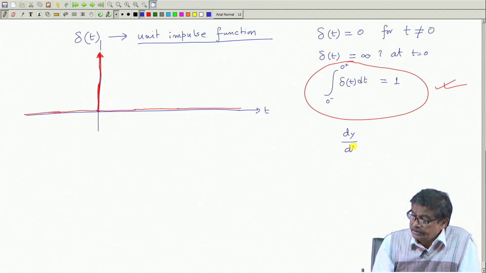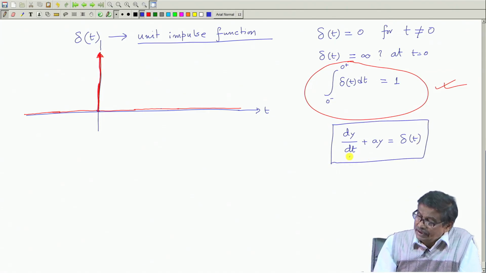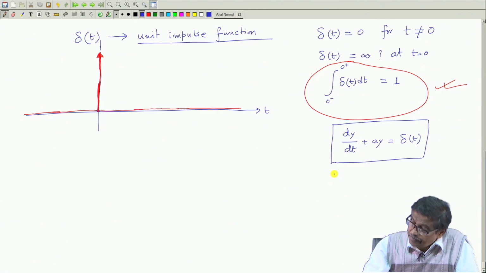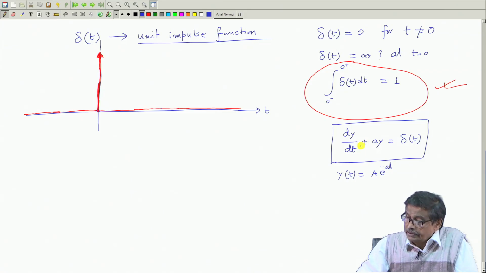Suppose dy dt plus a y is equal to delta t. If such a situation occurs, then the solution due to the natural function will remain the same, that is y t equals a into e to the power minus a t, because the characteristic root is minus a.